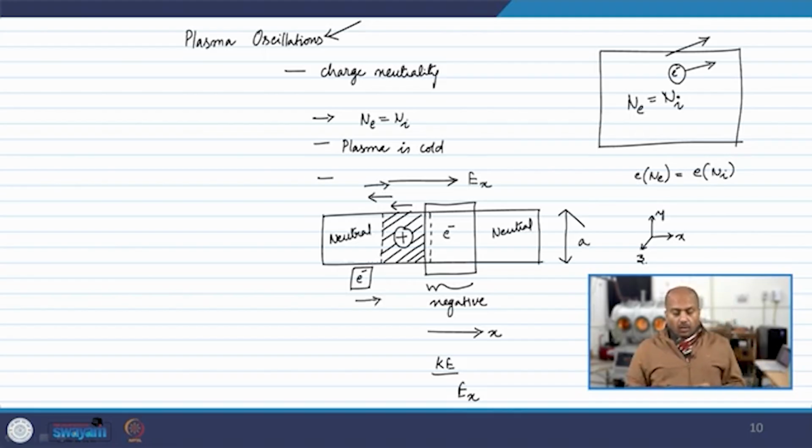The electrons move to the left, and immediately an electric field opposite to the initial electric field will be set up, and the electrons will be forced to move exactly in the opposite direction, because the electric field is strong and it can influence a very light particle such as an electron, right. So, this process will go on like this, until they come and sit in the original position, this process keeps going on, right.